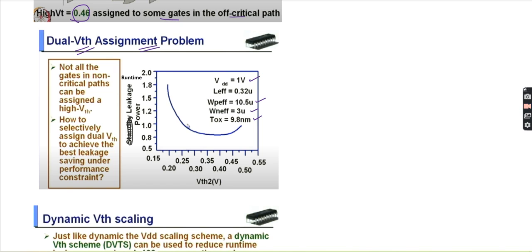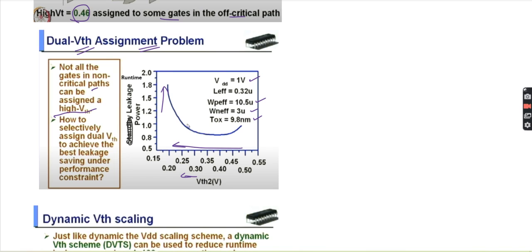Now you can see that as the threshold voltage decreases, your runtime leakage power increases. See this, with VDD equal to 1. So from this we can see the observation that not all the gates in the non-critical path can be assigned high VT.